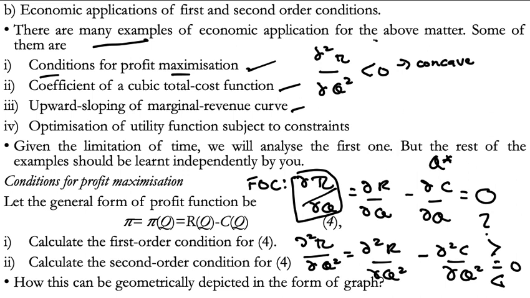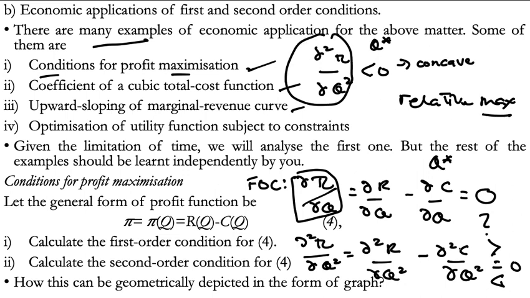So at a particular Q star, we know we have a relative maximum, because it's logical. For profit maximization, we must have a maximum point. If it is otherwise, there's something wrong with the calculation because you are maximizing profit. Unless you talk about a cost function, where you are minimizing cost, perhaps this one will be more than 0, and then we have convexity, and then we have a minimum point.